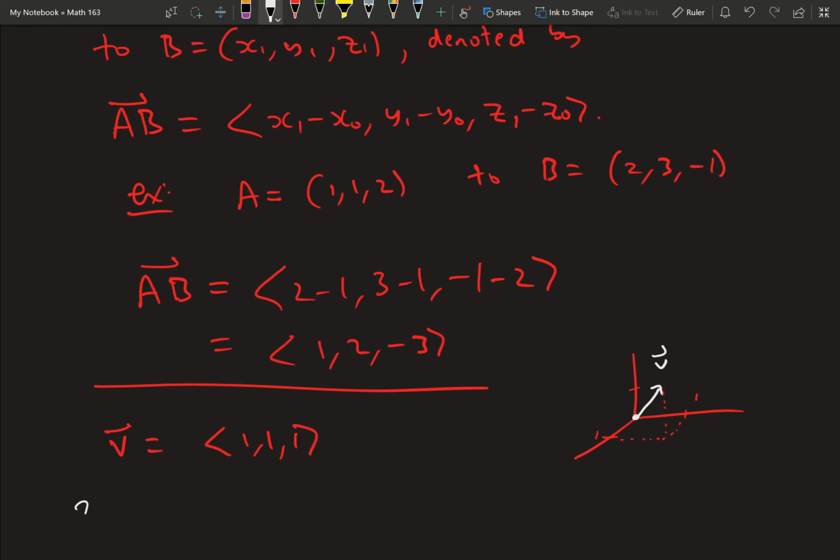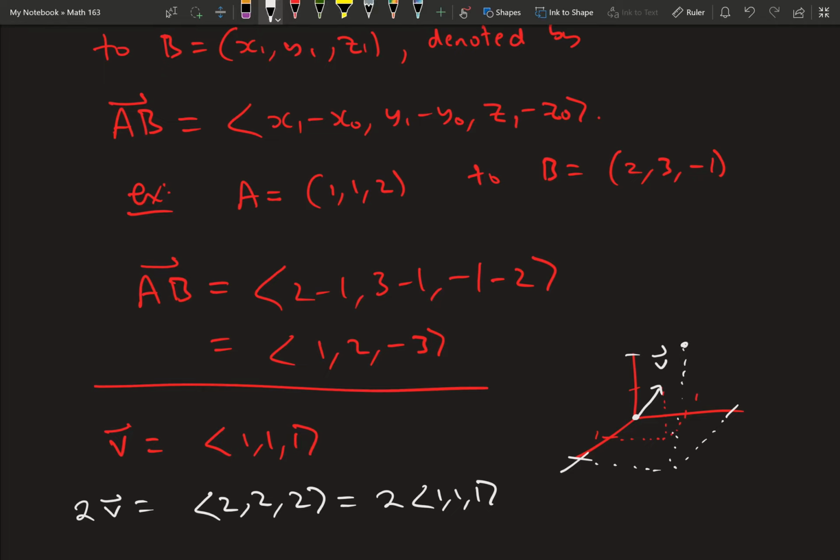If I multiplied V by 2, just multiply each component by 2, which is 2 times (1, 1, 1). How would that look? Well, it would just stretch. You would stretch beyond to (2, 2, 2), just stretching the vector a little further up.